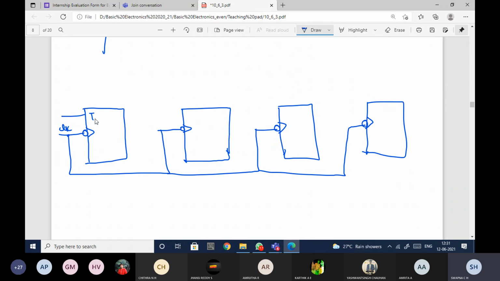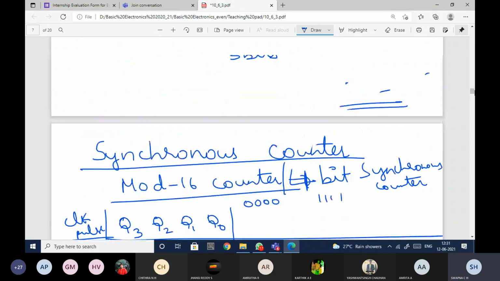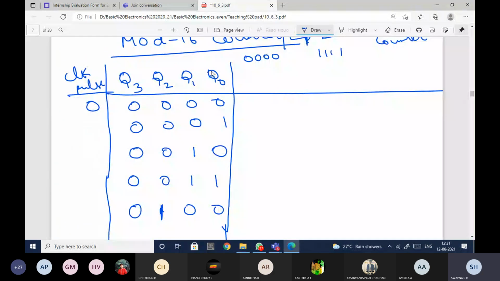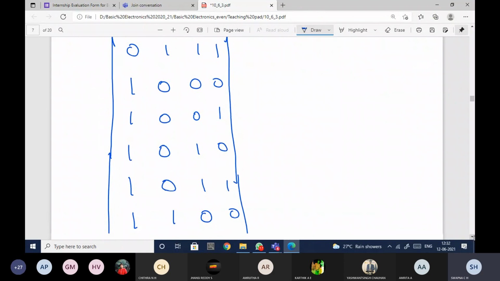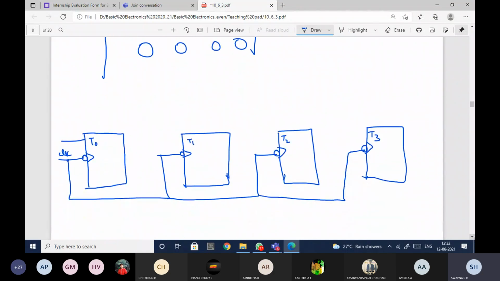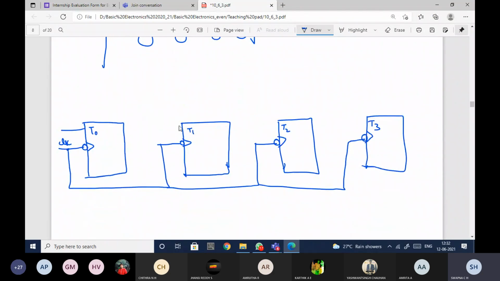Let me name these T0, T1, T2, T3. Always know that Q0 corresponds to T0, Q1 corresponds to T1, Q2 corresponds to T2, Q3 corresponds to T3. Whenever you're reading the output from the counter, read from right to left.